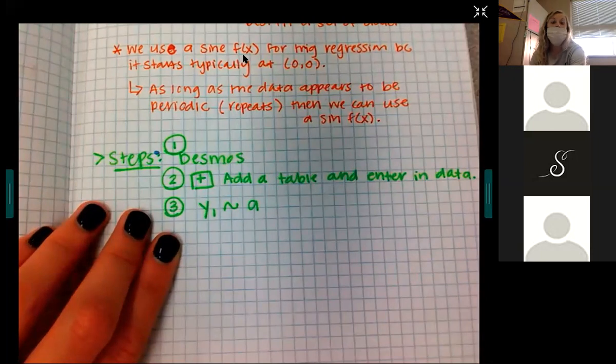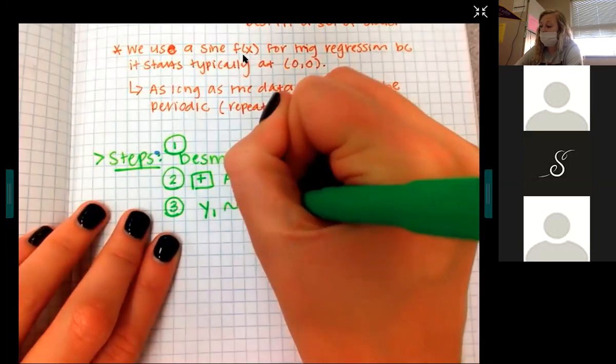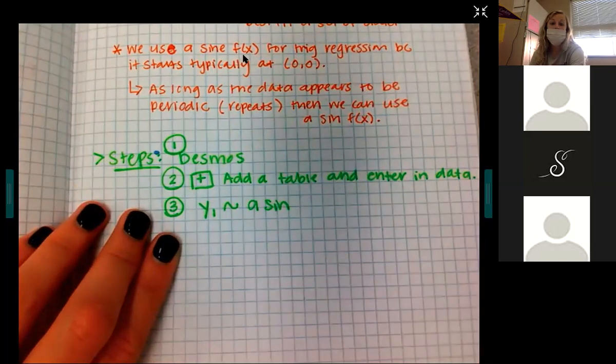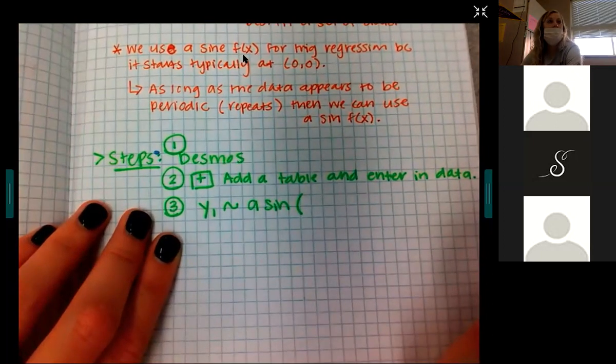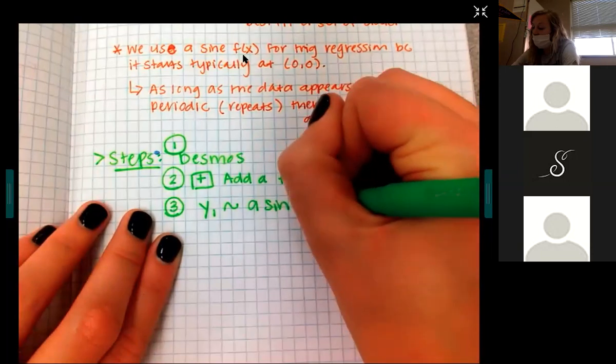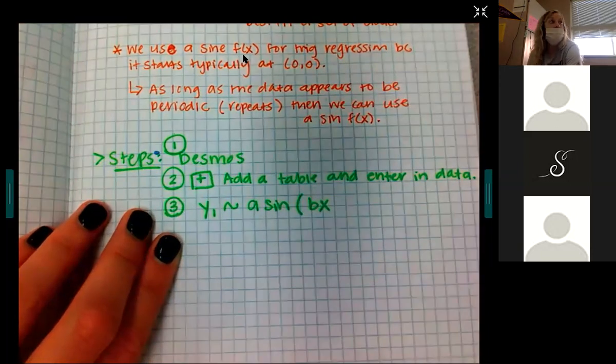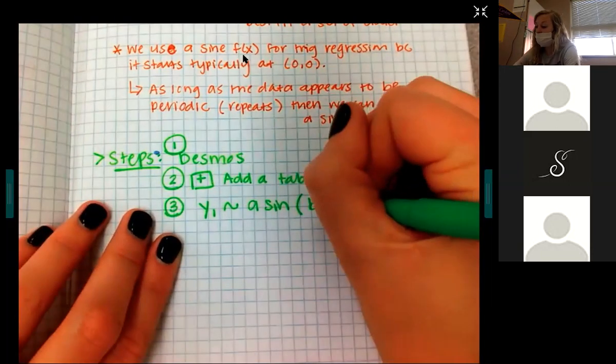A sine. What's in front of the x? Good, it is a b. It's the factor that you multiply the period by to find the period, right? So this is bx. Then we have our phase shift.